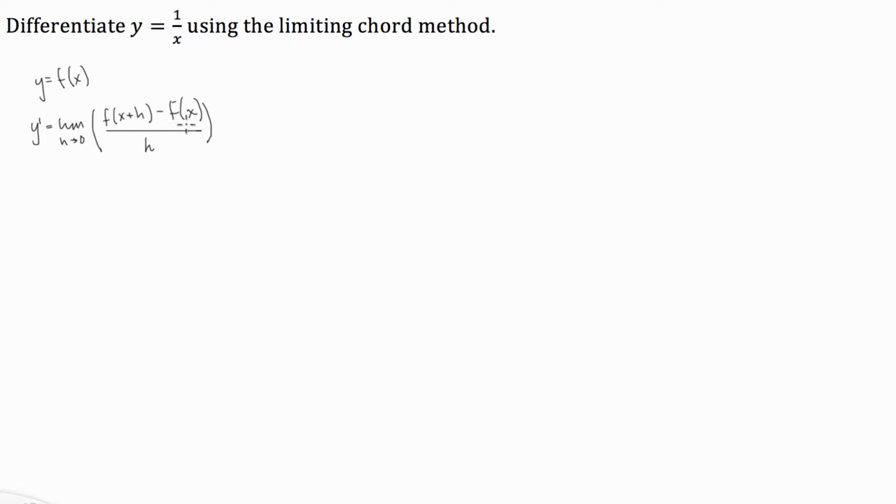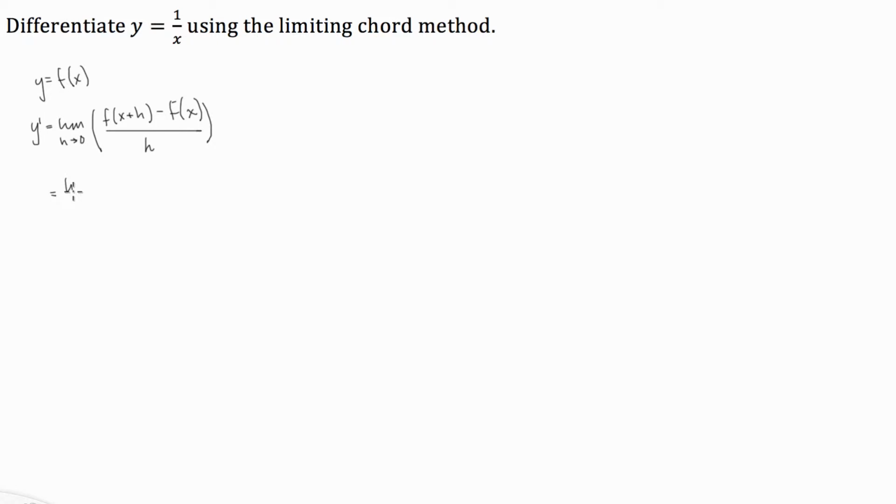Great. So basically what we have to do is we just have to enter in y equals 1 over x into this algorithm and then do a little bit of algebra to simplify it down. So we'll enter in y equals 1 on x.